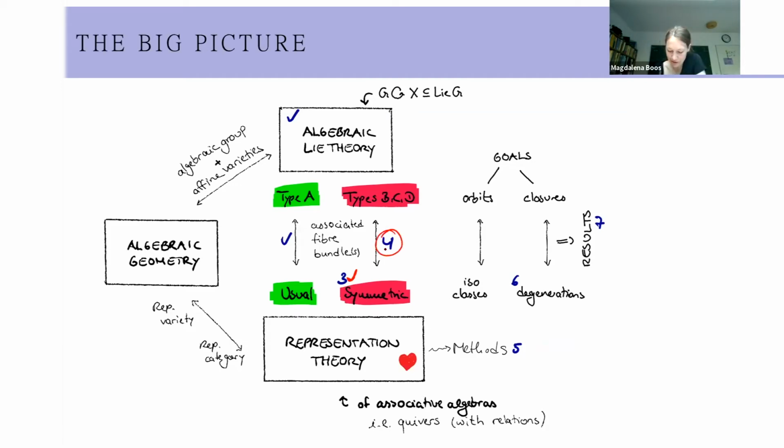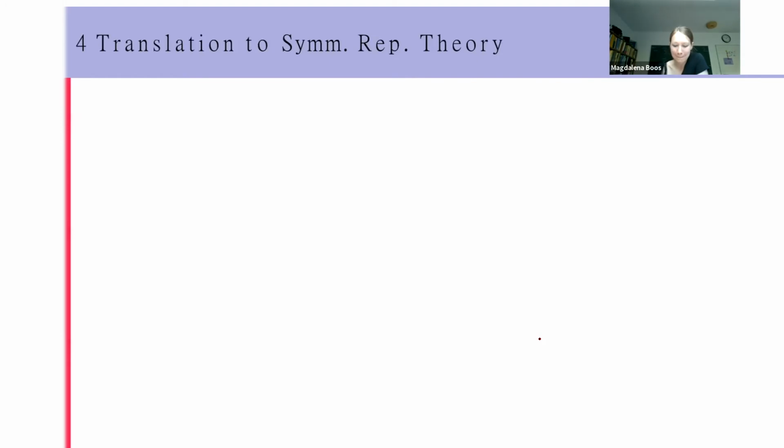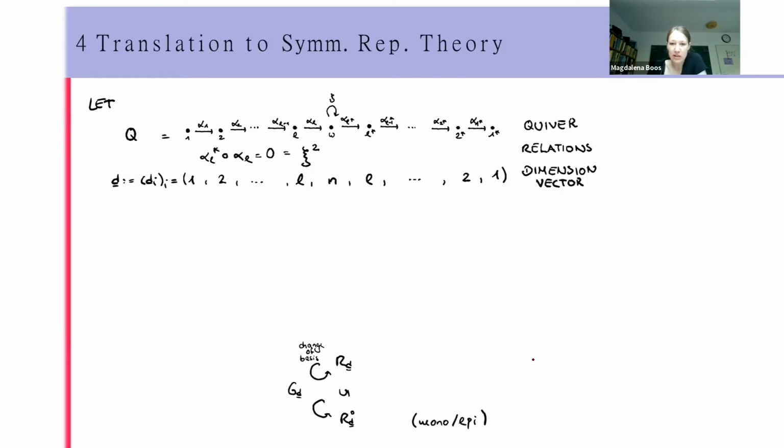So let's look at the translation in the classical types. We fix the same quiver, the same relations and the same dimension vector. This was already done in a way that we can use it now. And here below, we see the action we looked at before. Now we want to make it classical. We see that the quiver already is symmetric, as we saw in the example.